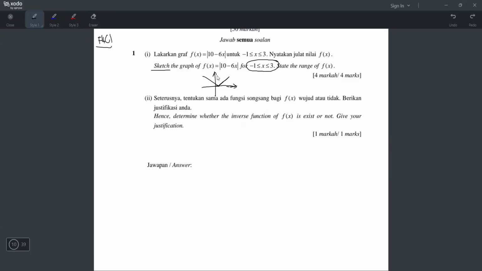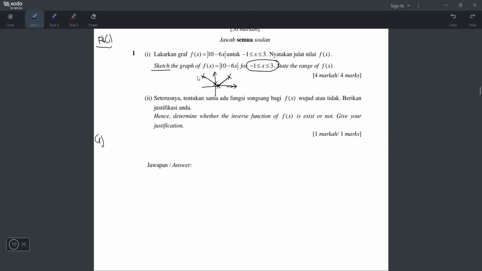Now I already know the shape, so I have to find the important points. What are the important points? The x-intercept, the y-intercept, and if they give you the domain, the range of x, you need to find out where they want you to start and where they want you to finish. You can see they give a domain here.